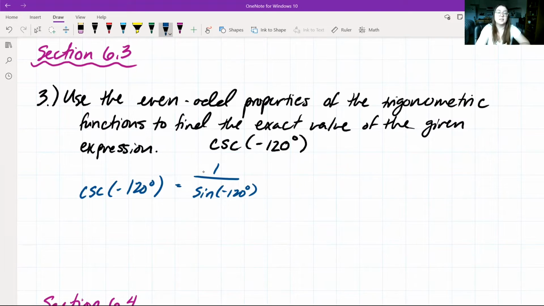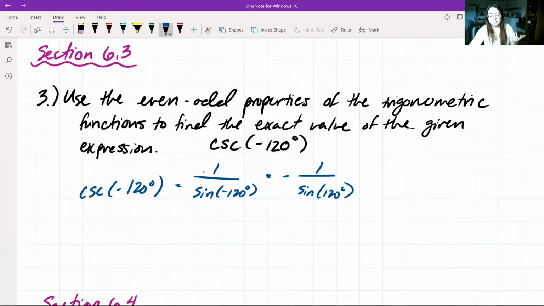Sine, in this case, is an odd function. This means that if sine takes on a negative input, the result will become negative. So now we get negative 1 over sine of 120 degrees.